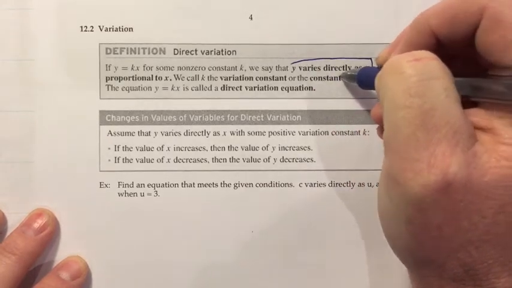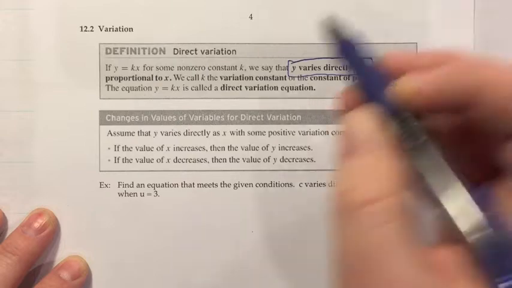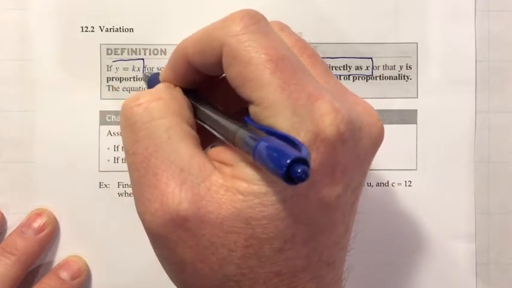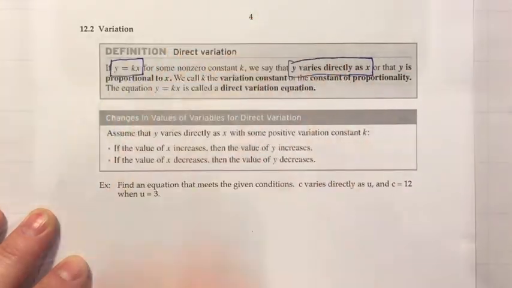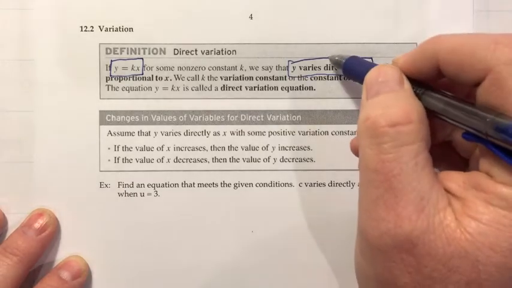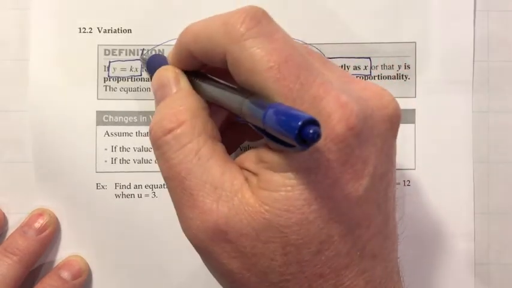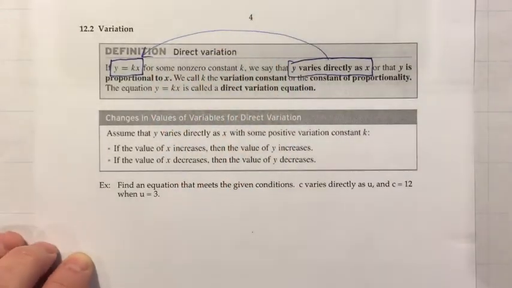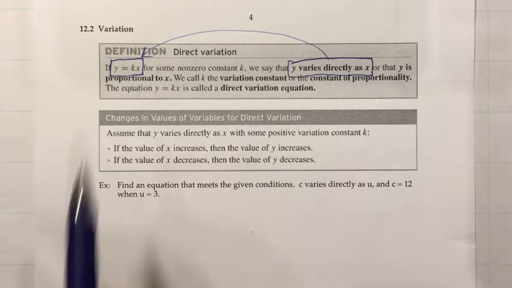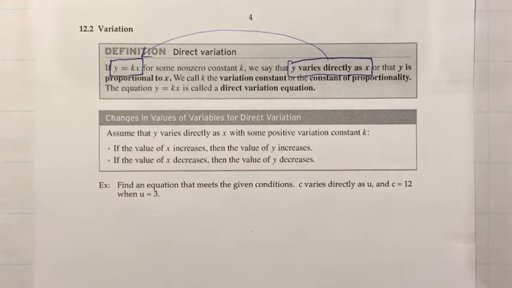If they say that one variable varies directly as another, then that means that the first variable is equal to a constant k times the second one. So when we read this, we're going to translate to that. And we call that k in that equation the variation constant, or the constant of proportionality, and the equation y equals k times x is called a direct variation equation.